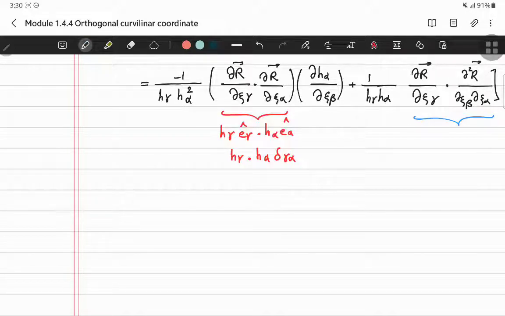To find this expression, we use another trick.